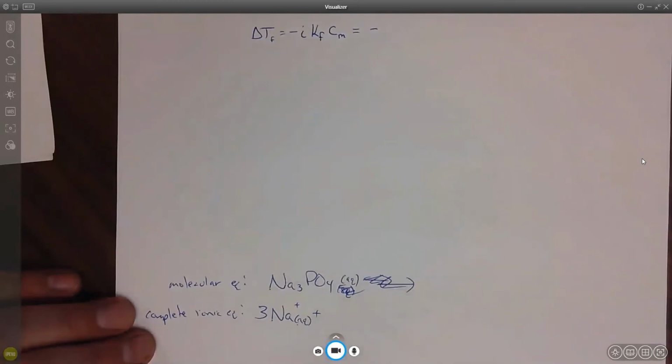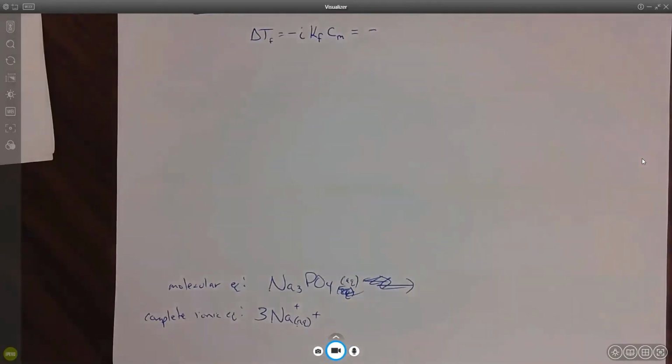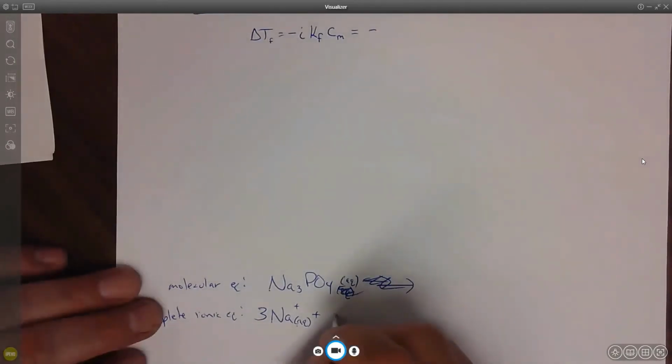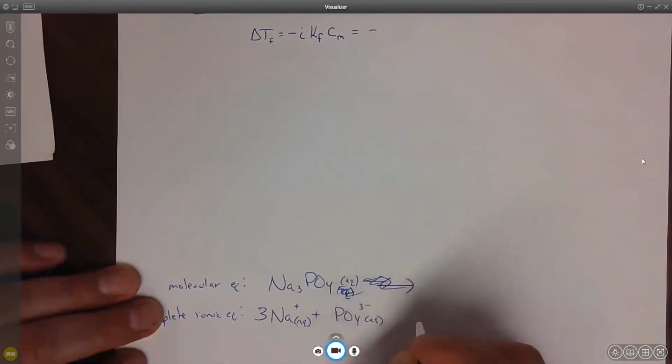Wouldn't it be -3? Yep, right, because this is the phosphate. PO4 3 minus aqueous, right?